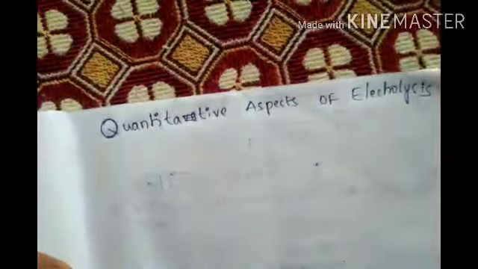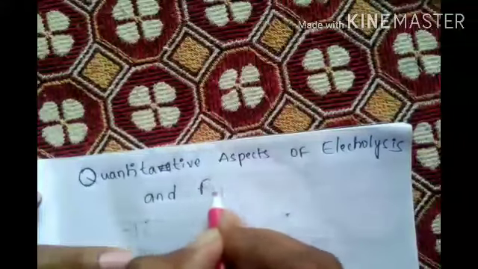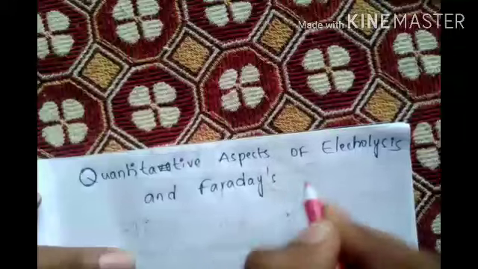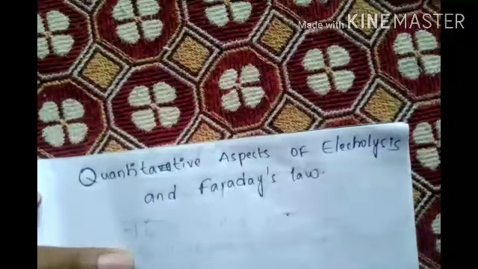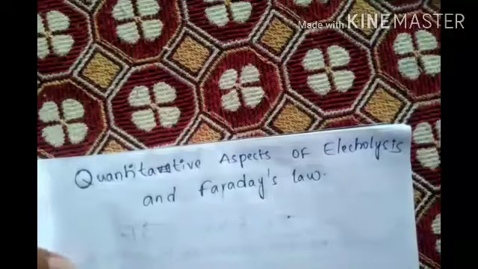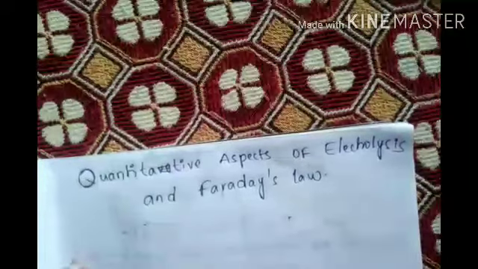Quantitative aspects of electrolysis and Faraday's law. In Faraday's law, first Faraday's law, second Faraday's law, two laws are there. Now we are going to discuss Faraday's first law of electrolysis.